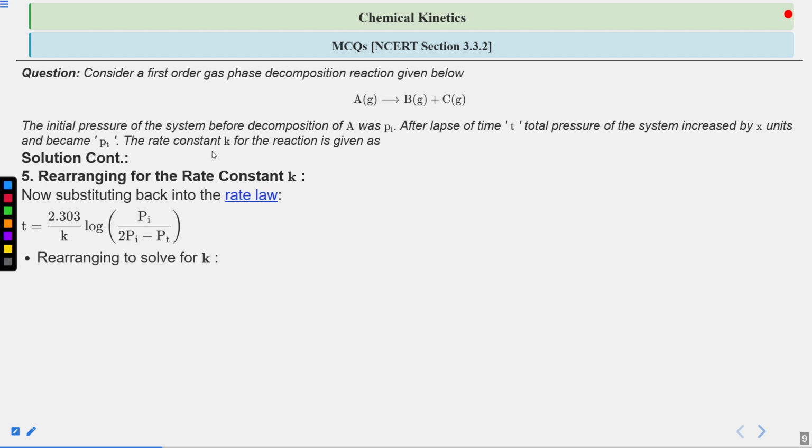Now we have to identify the rate constant k. So we rearrange this equation to solve for k. k will become 2.303 divided by t log p initial upon 2p initial minus p total.